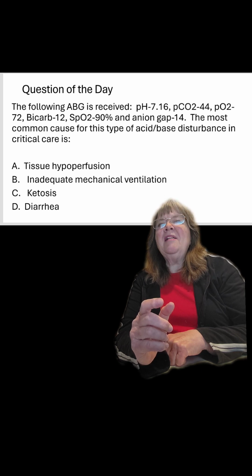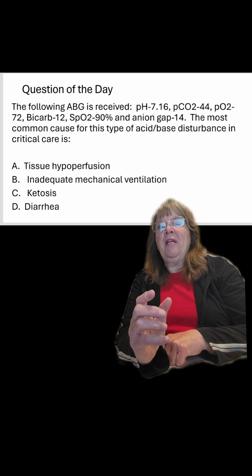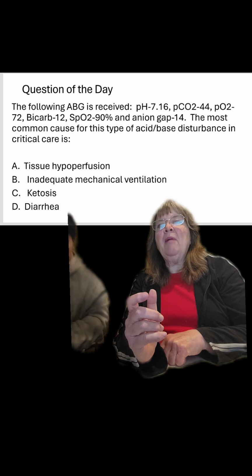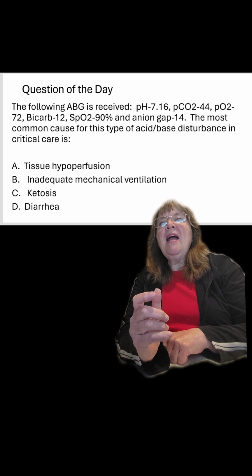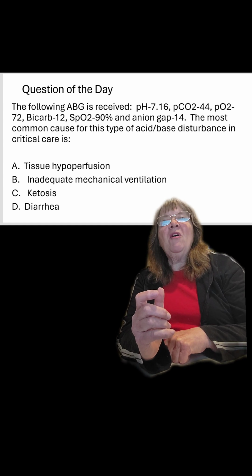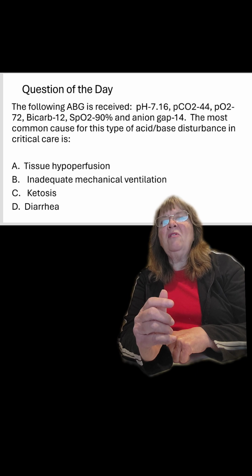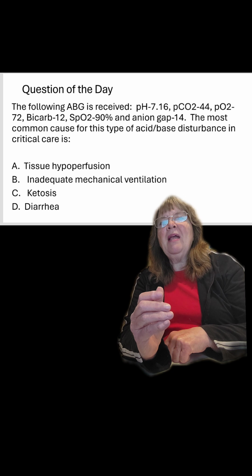So, what is our primary acid-base disturbance? Well, we know the patient is very acidic. We have the respiratory parameter, the PCO2, normal at 44, and then we have a bicarb of 12. And so what do we have going on here? We have a metabolic acidosis. That's the primary acid-base disturbance here.